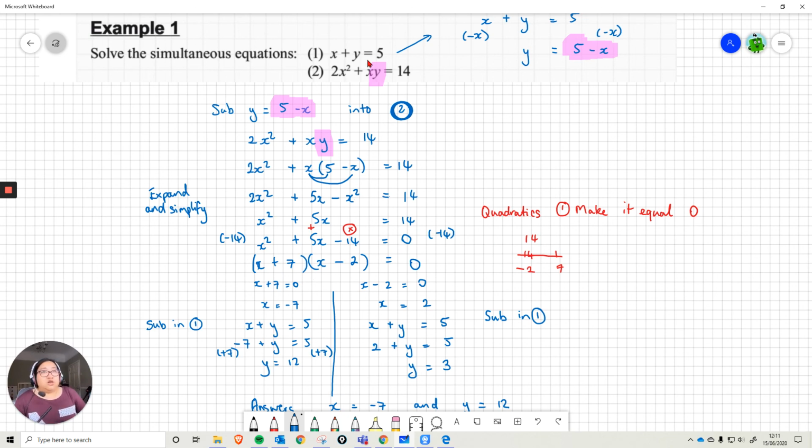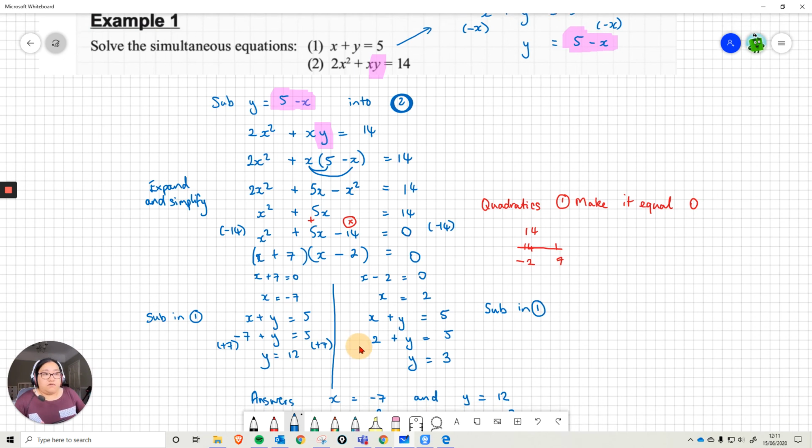I then double checked the question that it's not asking for any decimal places, so I factorized to solve. So I factorized my quadratic and then solved each bracket, realized there's 2 solutions to x, substituted it back into the first equation to work out my y values.